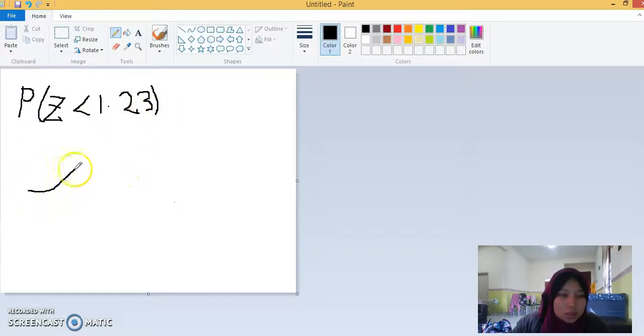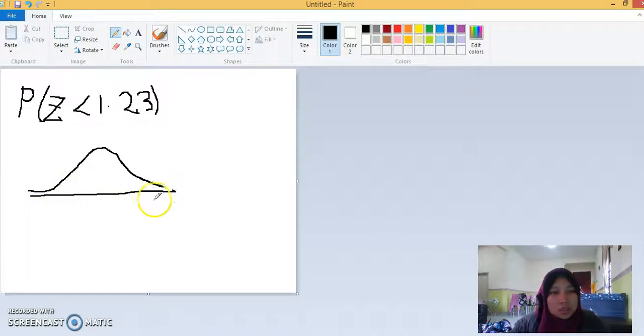So you draw your normal distribution, and this is your x-axis, and this would be 0, z being equal to 0. So if you see this as a ruler, 1.23 will be somewhere here. So z less than 1.23 means that you are interested to know the area here.